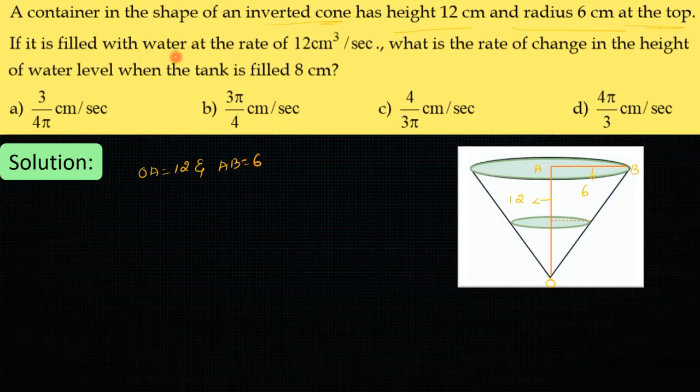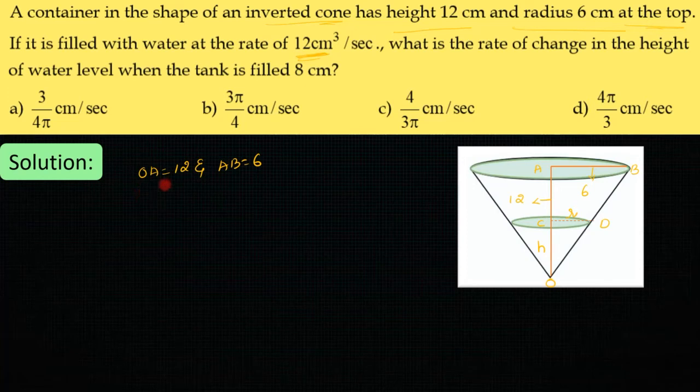It is filled with water at the rate of 12 centimeters cube per second. Here it is filled with water up to this level. Consider this one as C, this one as D. Height of the water level is considered as H. This one is the radius, consider this one as R.